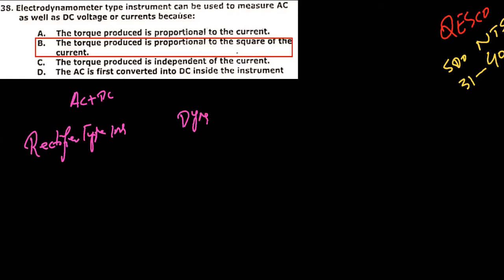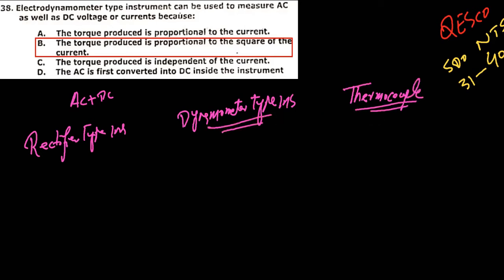We have dynamometer type instrument, and we have thermocouple. Thermocouple is used for AC, or you can use it for DC. This is also used for AC, or you can use it for DC. And this is also used for AC, or you can use it for DC.